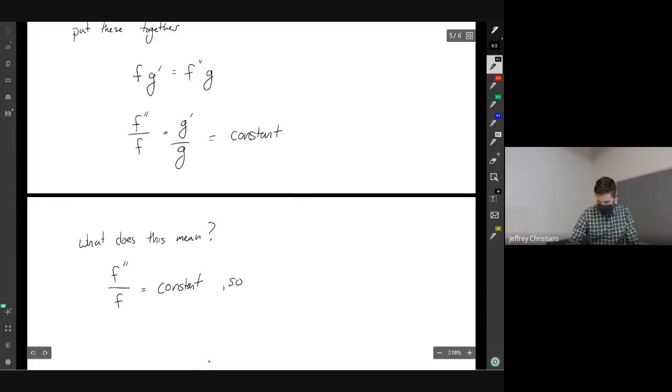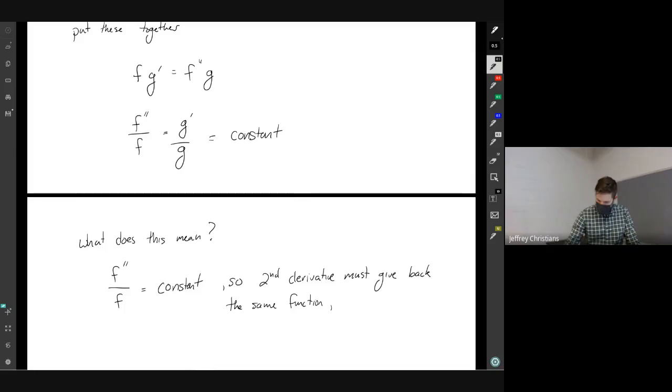So the second derivative must give back the same function, but we could have constants out in front.